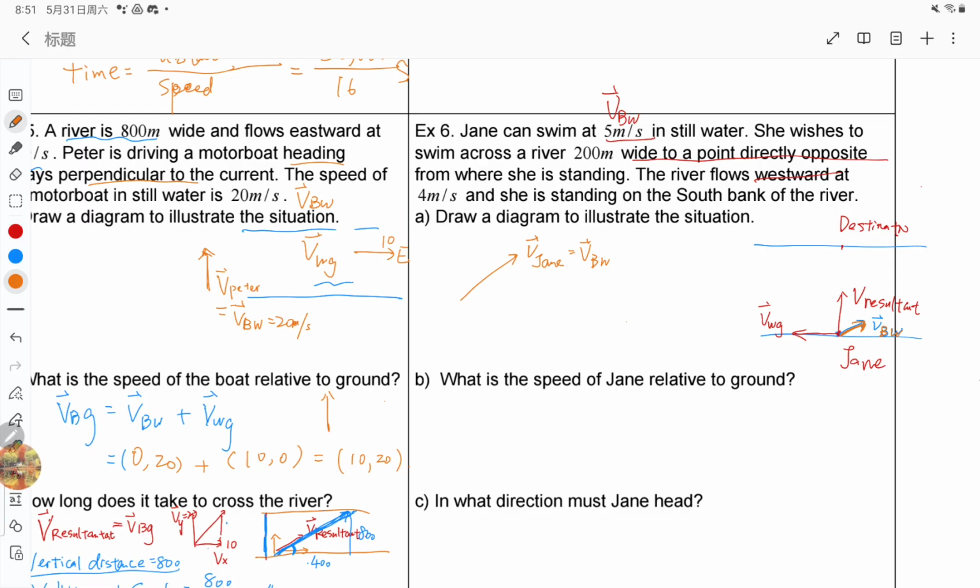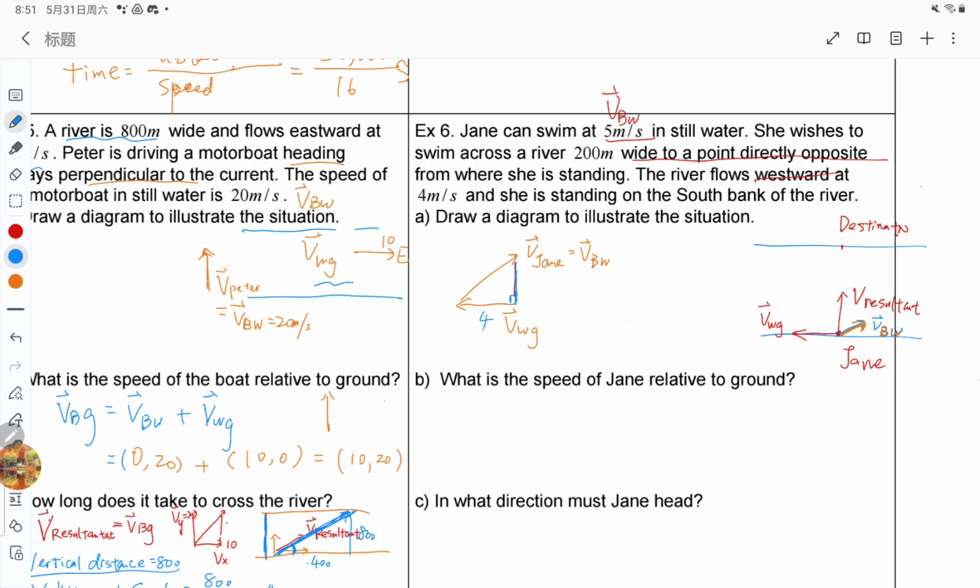So we can draw a triangle here, right? This is V water ground, and then the resultant. This is quite easy to calculate because the resultant is perpendicular, right?